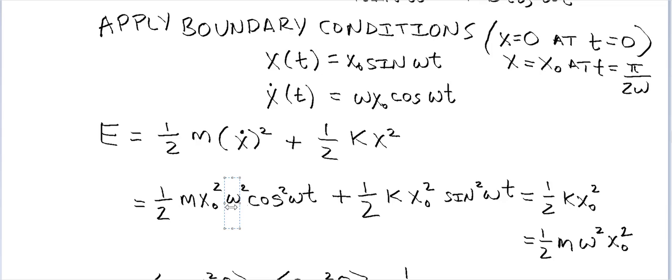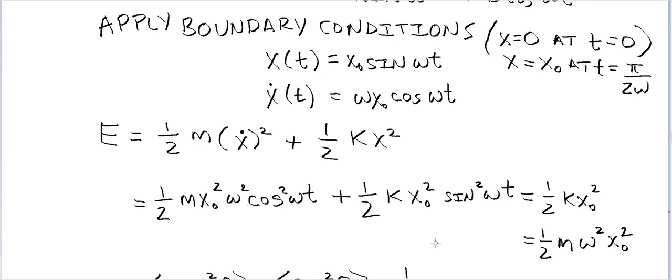So k over m times m is just k, and we get half k x naught squared times quantity cosine squared omega t plus sine squared omega t, and that quantity is one, so it's half k x naught squared. We also could have converted this k such that we could have written this as half m omega squared x naught squared.